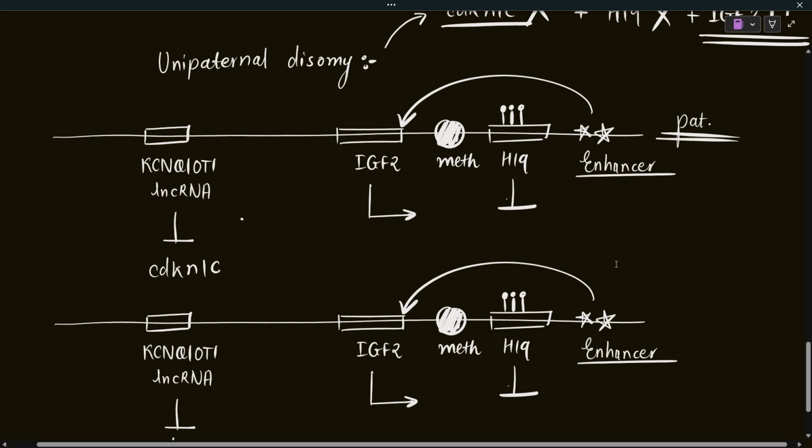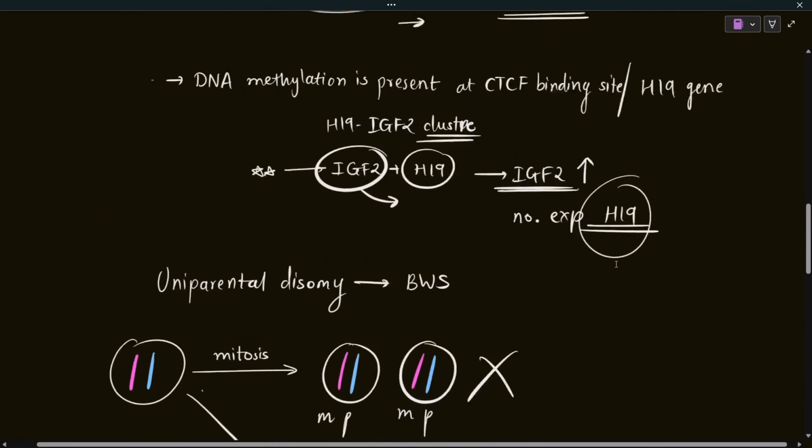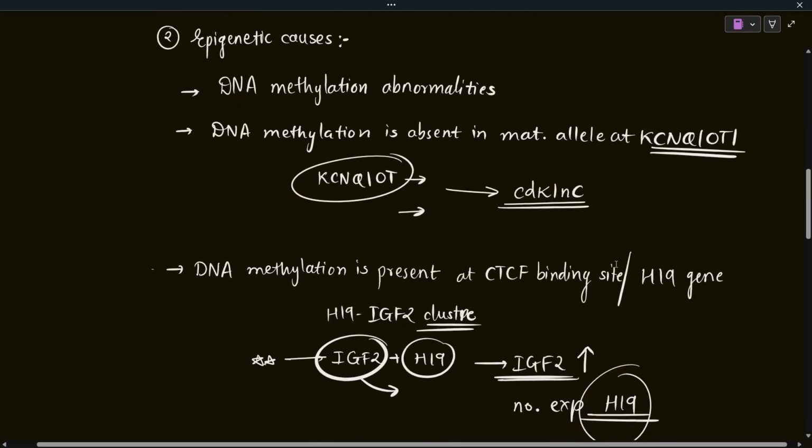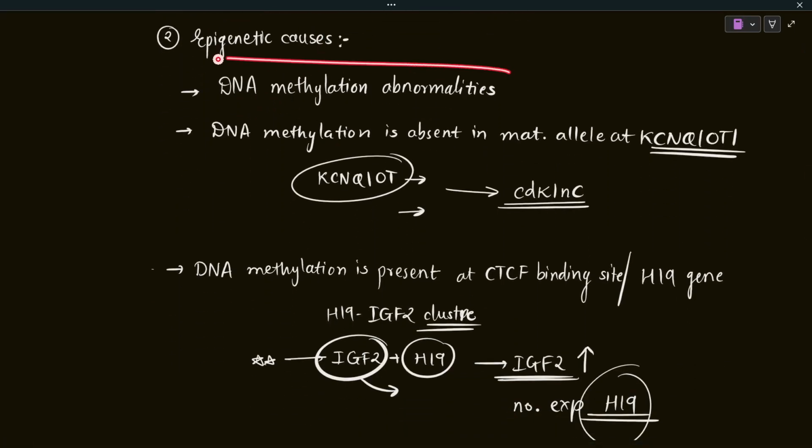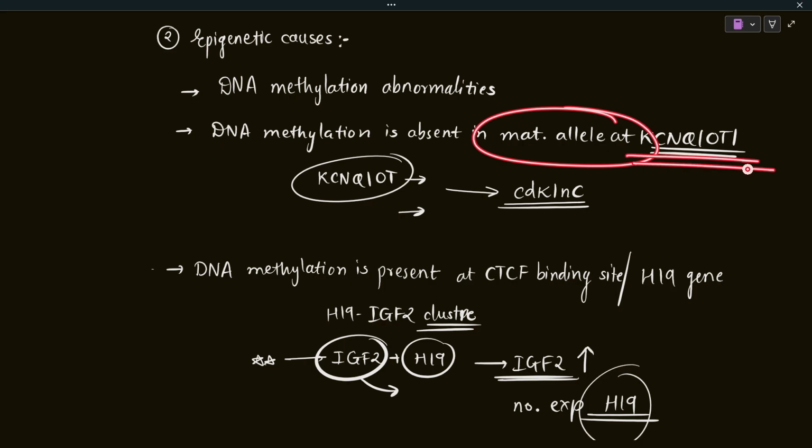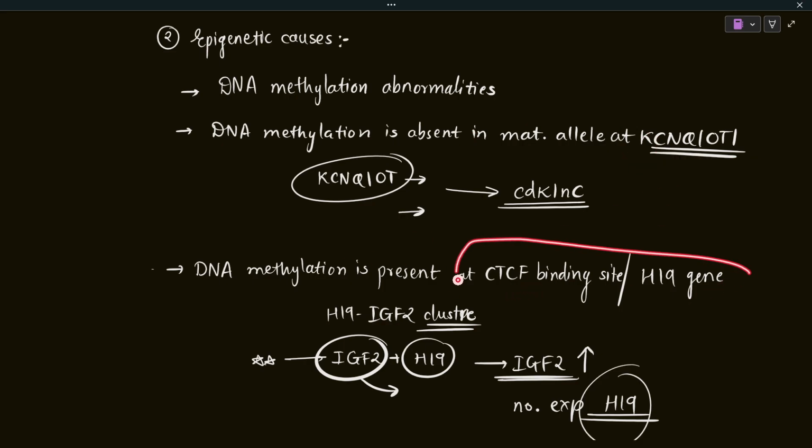What do you think goes wrong? To list down the epigenetic causes of this disease, first there are DNA methylation abnormalities, such as either the DNA methylation being absent on the maternal allele at KCNQ1OT1, or the DNA methylation being present on the H19 gene or the CTCF binding site.